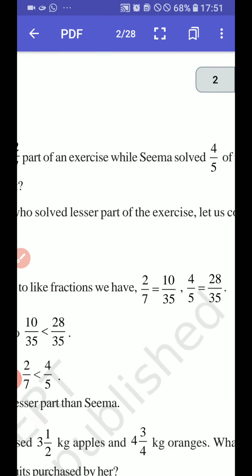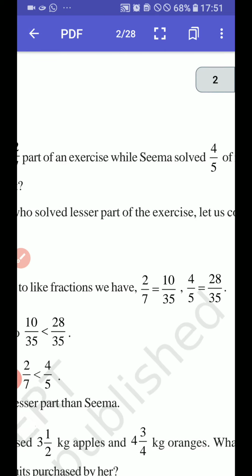Since 10 upon 35 is less than 28 upon 35, that is, 2 upon 7 is less than 4 upon 5, who solved the lesser part? Hence Ramesh solved the lesser part than Seema.